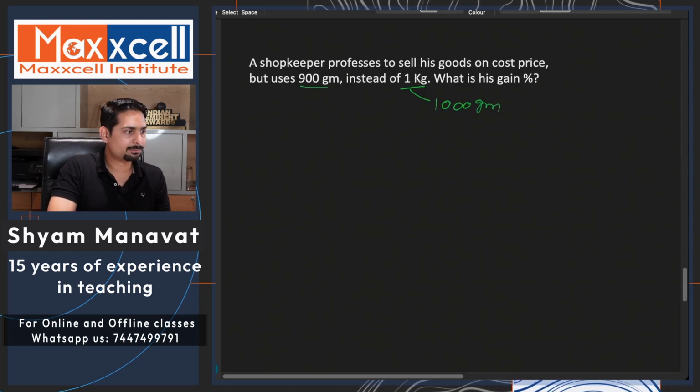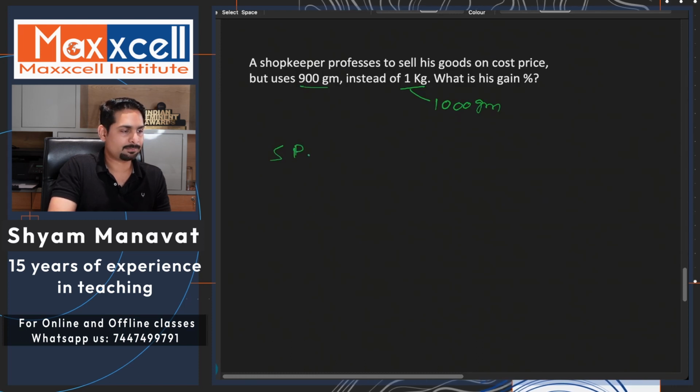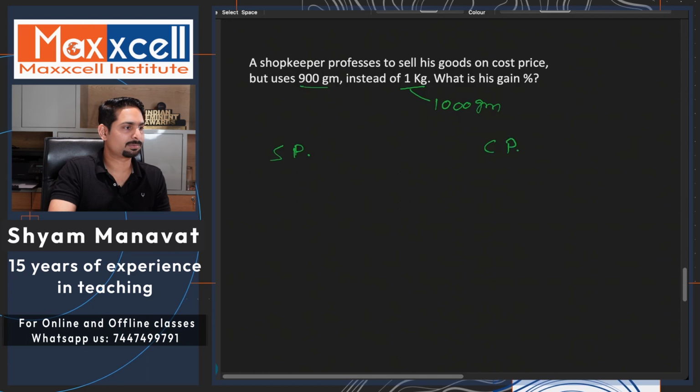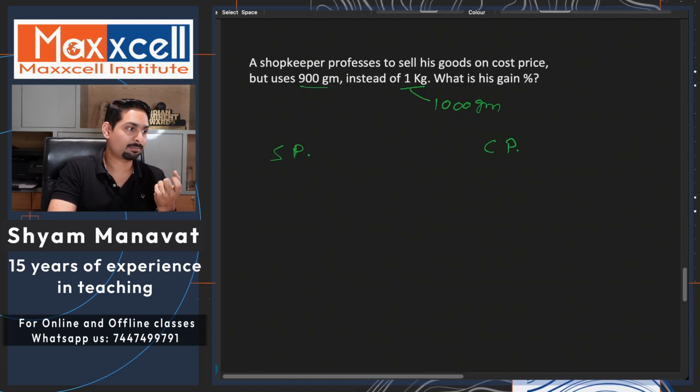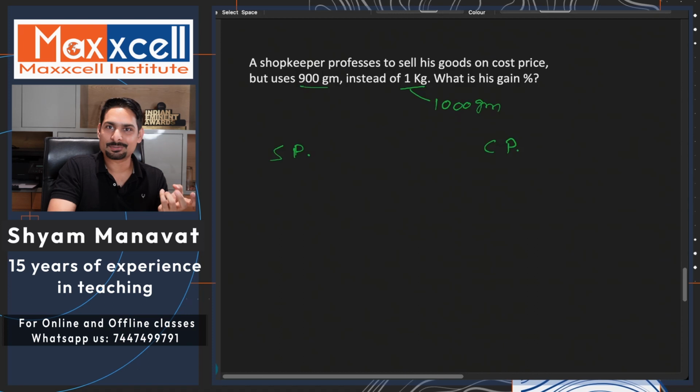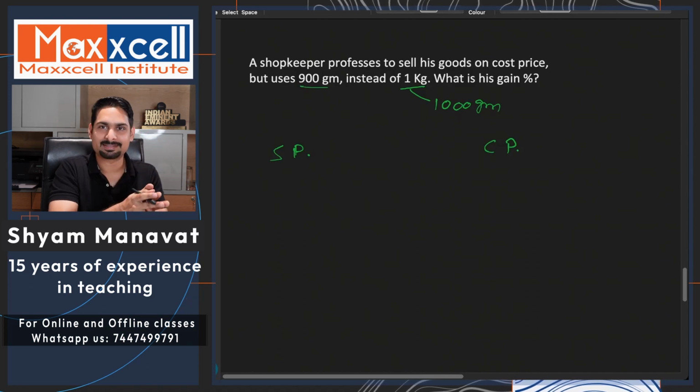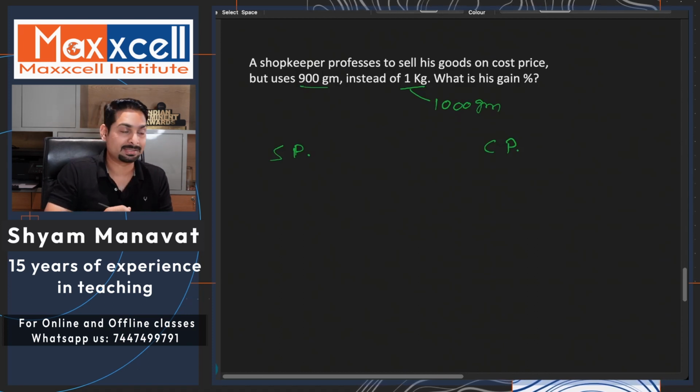He is showing the customers that he is selling the product at cost price, but at the back he is aware that he is doing some jhol, a jhol of 100 grams. So he is saving that 100 grams quantity. That's where his profit is.